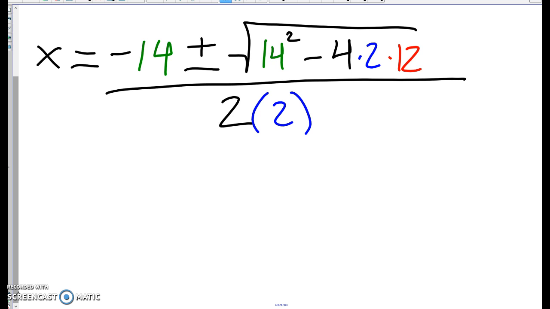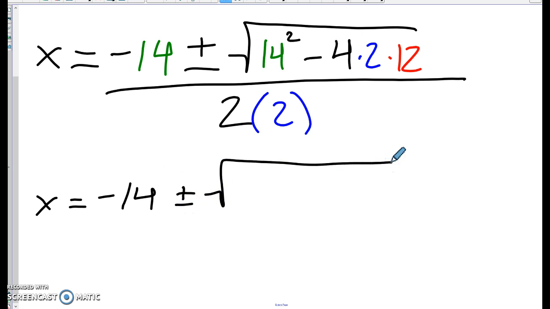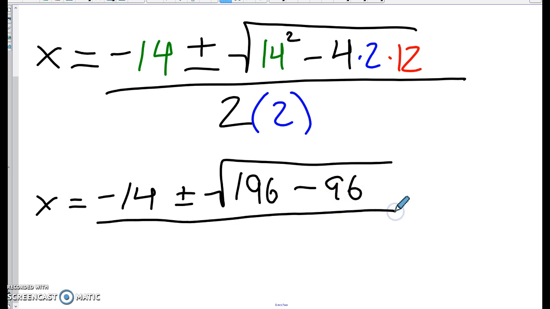So let's just go through this. We have x equals negative 14 plus or minus, can leave it there for now, the square root of 14 squared. 14 squared is 196, I think, minus 4 times 2 times 12, which is 8 times 12, which is 96, all divided by 2 times 2, which is 4.